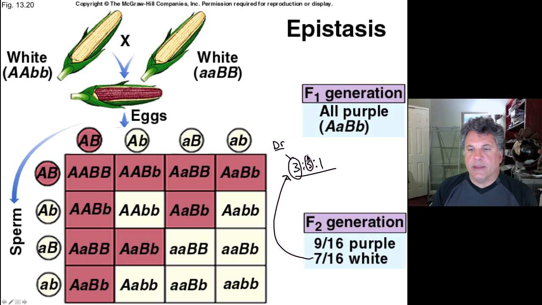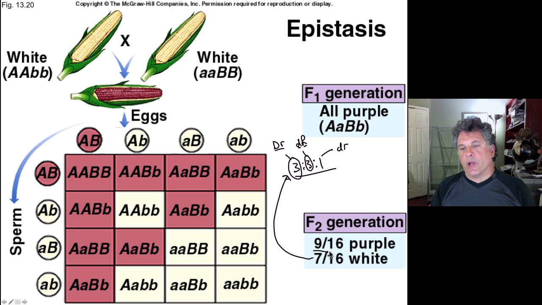And another 3/16 were recessive for one gene, say small d and big R, and dominant for the other one. And the one was homozygous recessive, that is d and r, homozygous recessive.